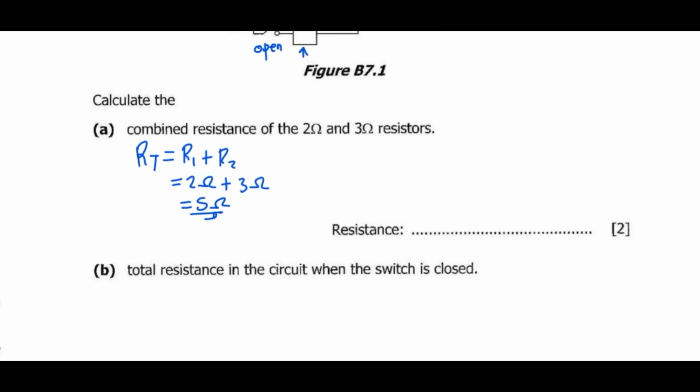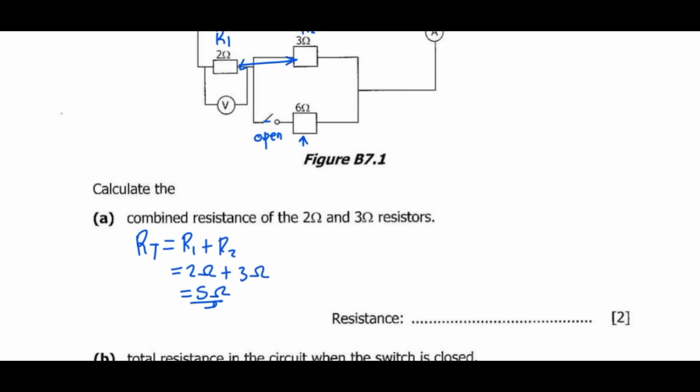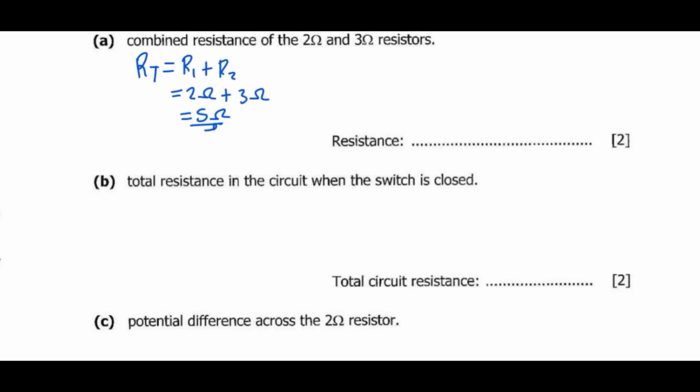Now, total resistance in the circuit when the switch is closed. So if we close this switch, we'll first have to look at the total resistance of the two resistors connected in parallel. So what is this? We have 3 and 6. We know 1 over RT is equal to 1 over R1 plus 1 over R2. So 1 over RT, one has 3, the other one has 6.